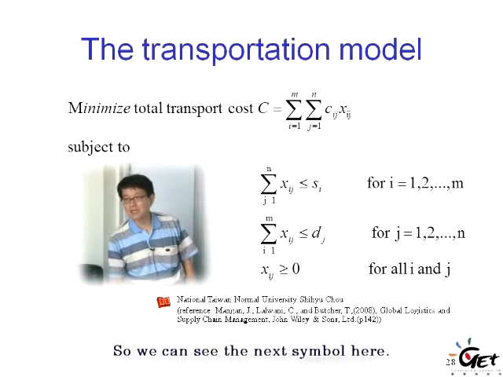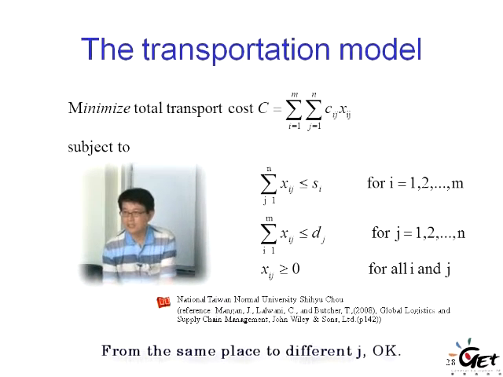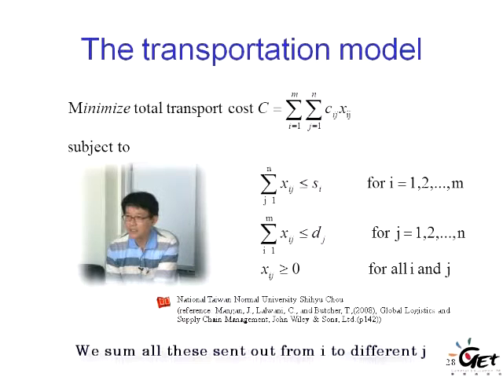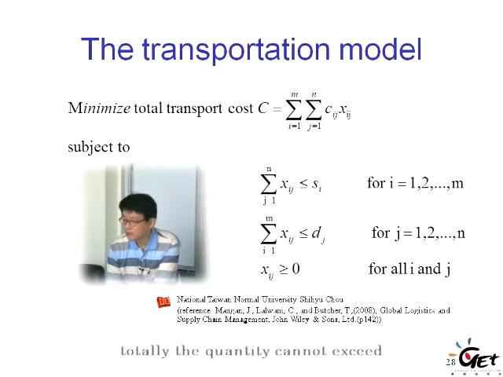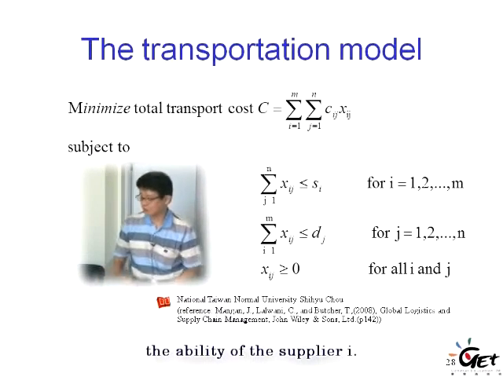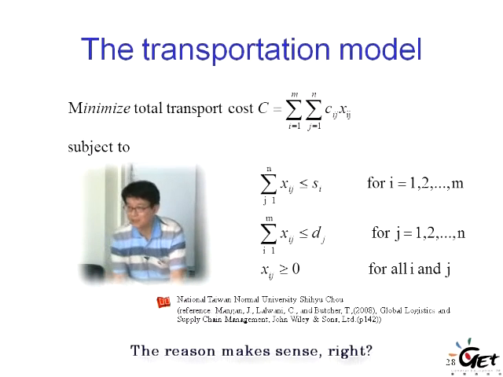So you can see the less than or equal symbol here. From the same place i to different j, j from 1 to n, we sum all these quantities sent out, and in total they cannot exceed the availability at supplier i.